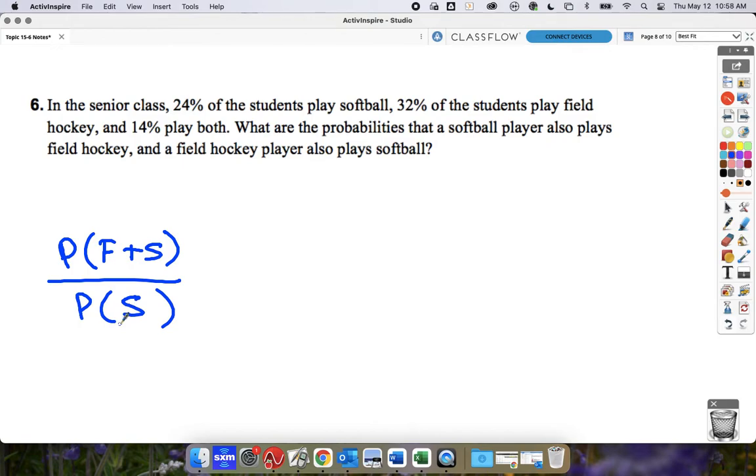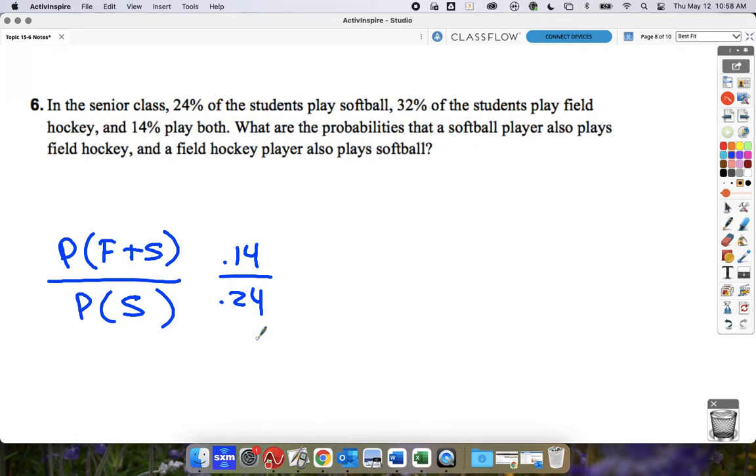So the probability that you play both is 0.14, and the probability that you play softball is 0.24. That's literally just what we were arguing about.